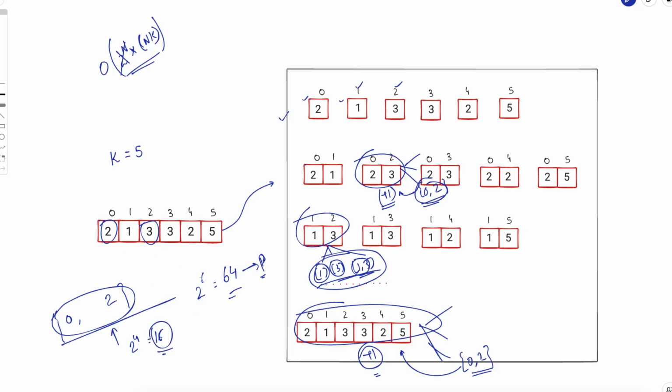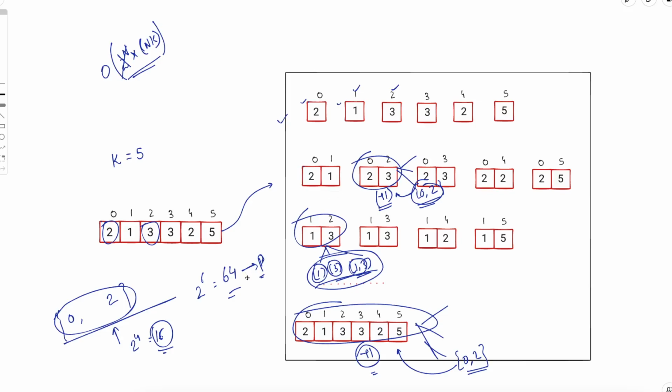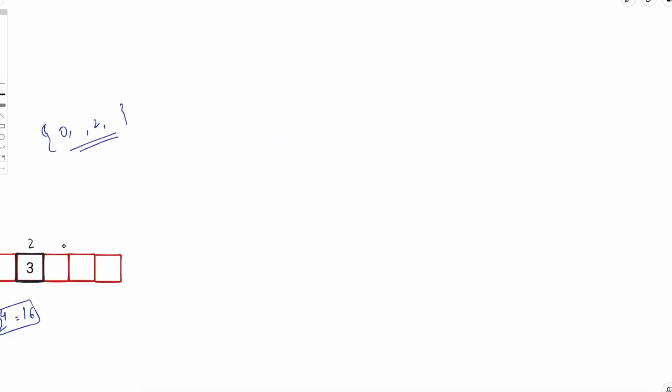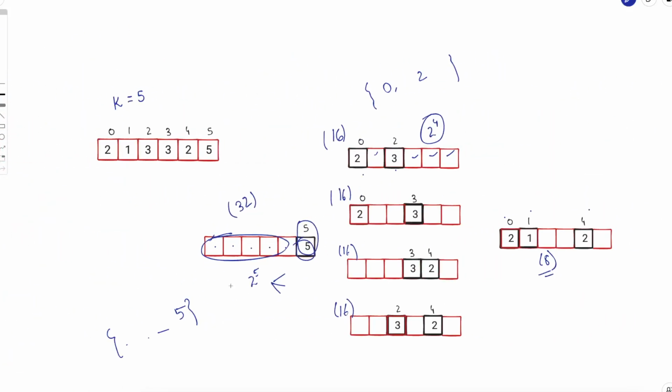In the same fashion, you will do the exact same thing for all the subsequences that sum to 5, because only those subsequences are there which will actually contribute to the power, right? So we simply figure out all the subsequences that can sum up to 5. For each of them, we figure out how many such subsequences are there which will contain that particular subsequence.